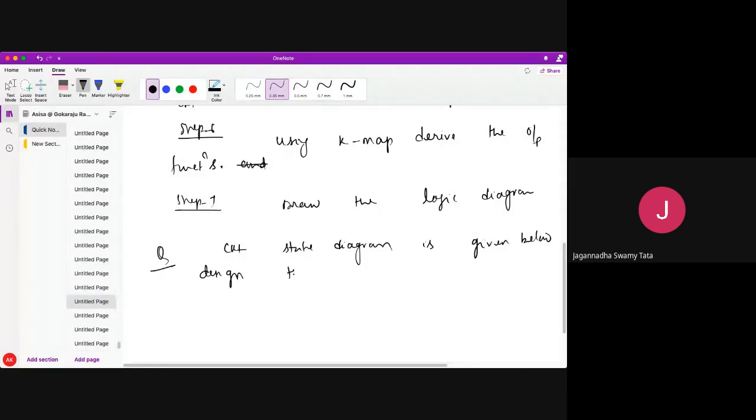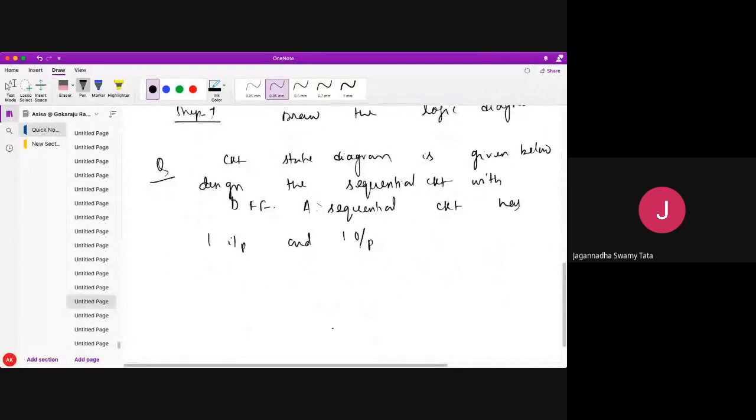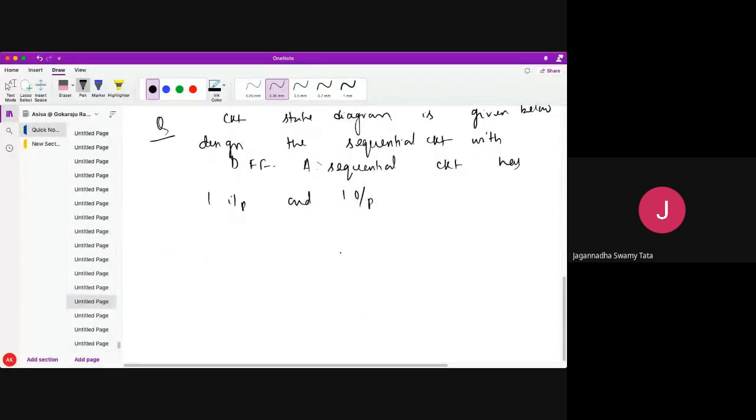Design the sequential circuit with D flip-flop. So this is the question, and the state diagram is given here as well. How is it? Like this.